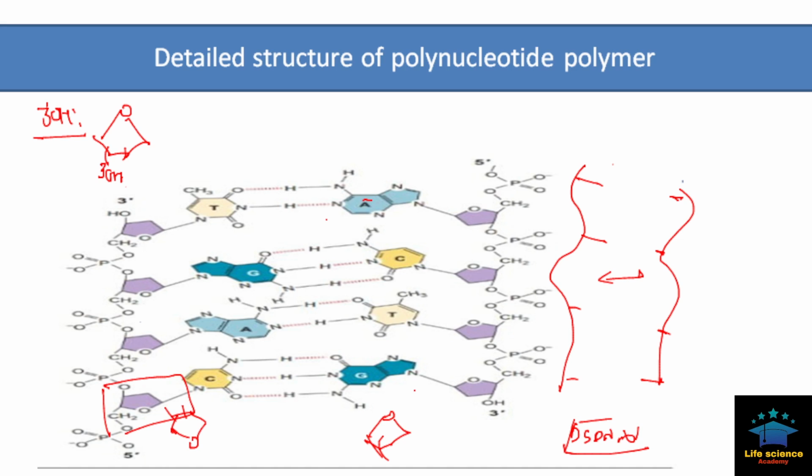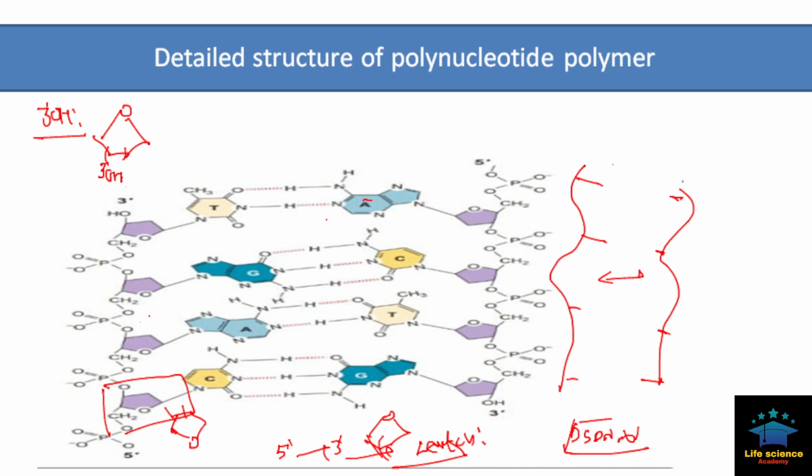When we focus on polymerization or replication, we will learn in detail about the leading and lagging strand. So this is the 3' OH. This is the 3' OH. So 3' OH is acting as the extending strand or polymerizing end of the DNA.